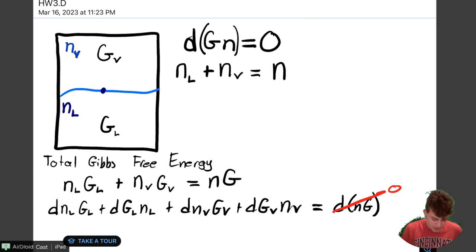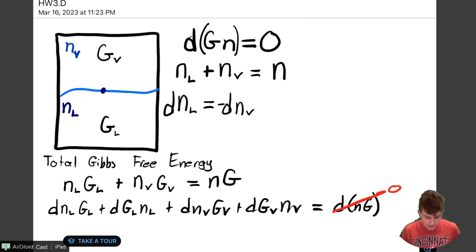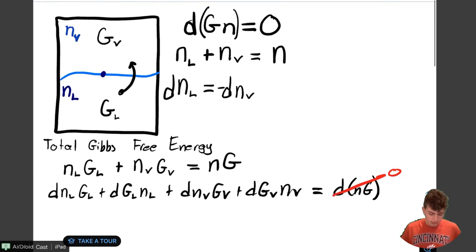And that equivalence is going to be that the differential change in moles of the liquid phase should be equal to the negative differential change of the moles of the vapor phase. And the reason for this is that, obviously, when one mole goes from the liquid phase to the vapor phase, then you are losing 1 mole of the liquid and gaining 1 mole of the vapor, right? So that equation makes sense as well.